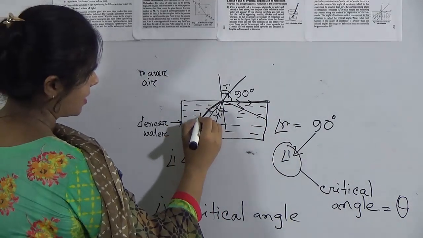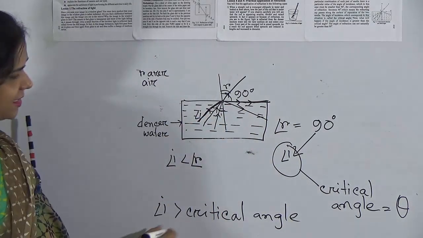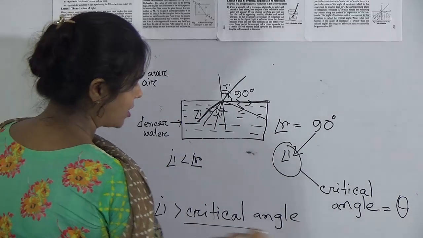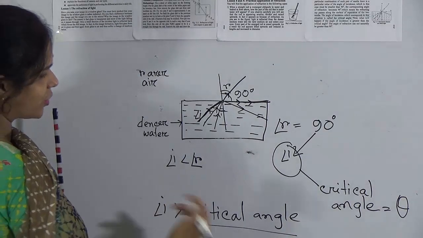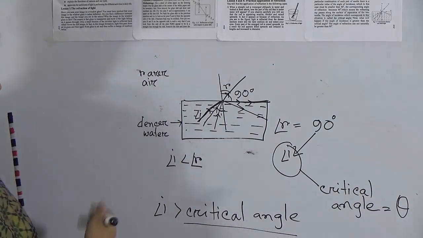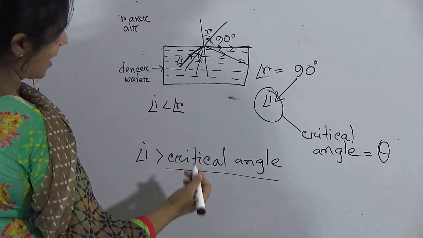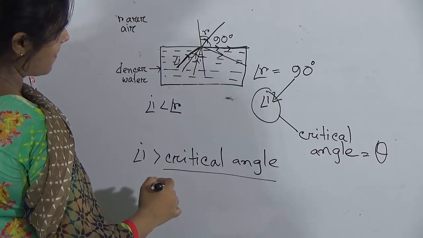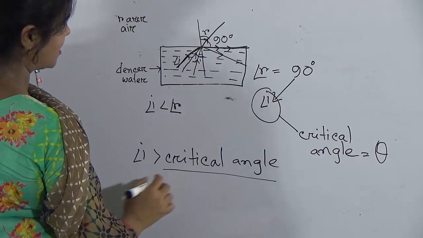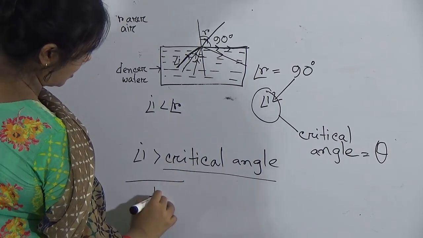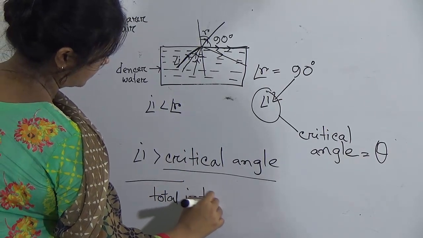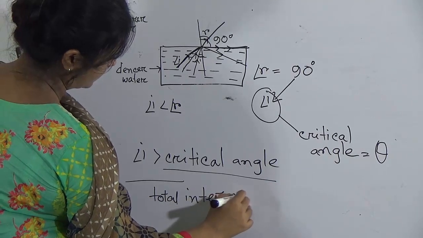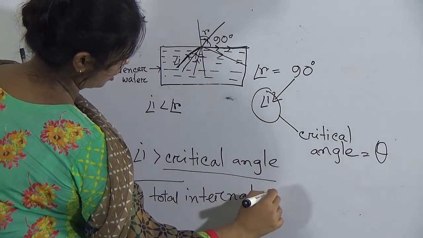That means if the incident angle is greater than the critical angle, light ray will not go to the next medium, it comes back into the same medium, and that phenomenon is known as total internal reflection.